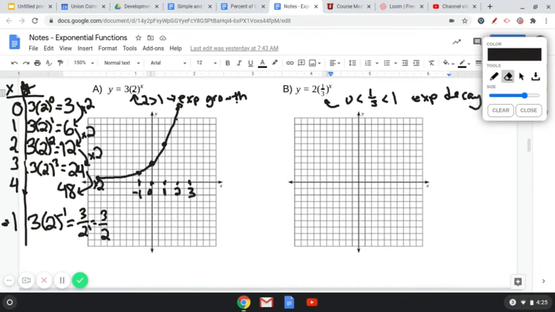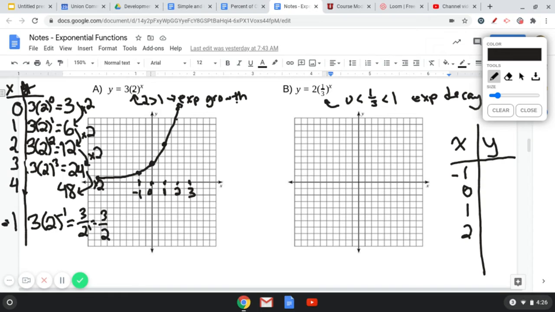But we'll find some exact points here. So again, let's create an x and y table. And let's pick some values for x and y. I'm going to, again, start with -1, and then we'll go 0, 1, 2, 3.